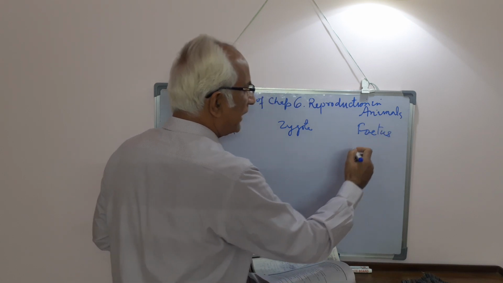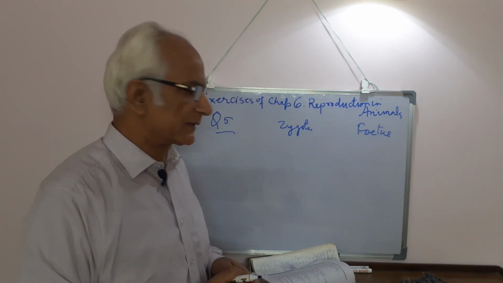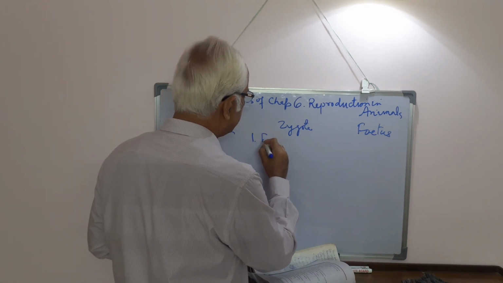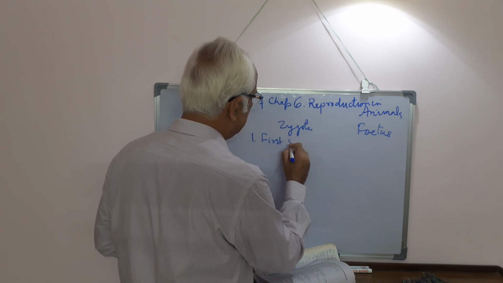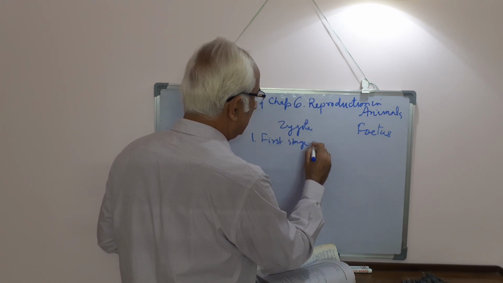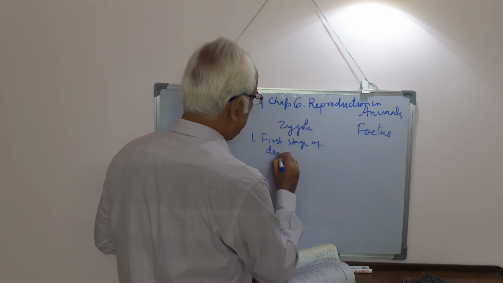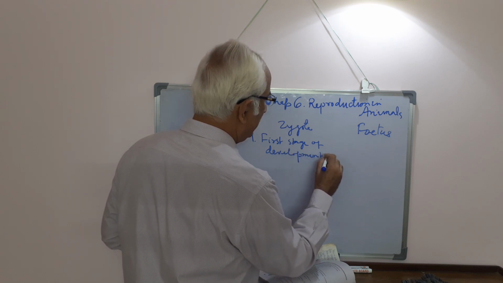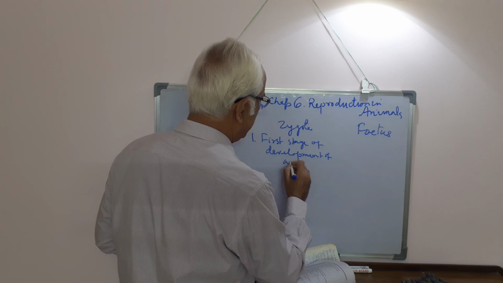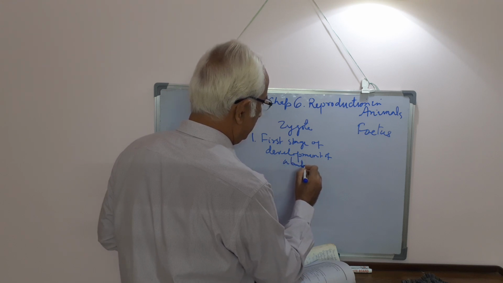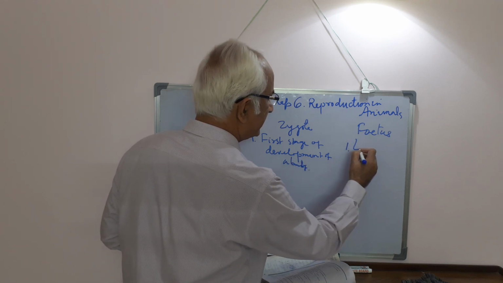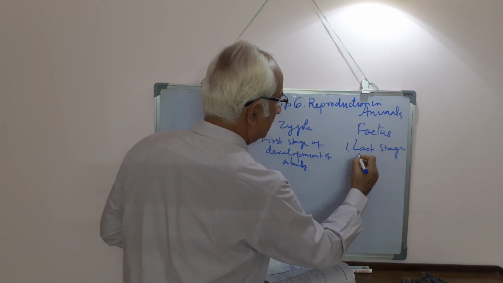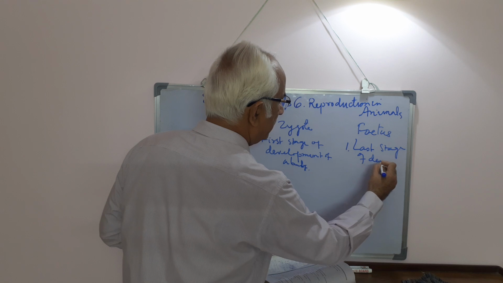Even though the word is spelled FOE, we pronounce it as fetus. So the first difference is, the zygote is the first stage of development of a newborn, of a baby you can say. And the fetus is the last stage of development of a baby.